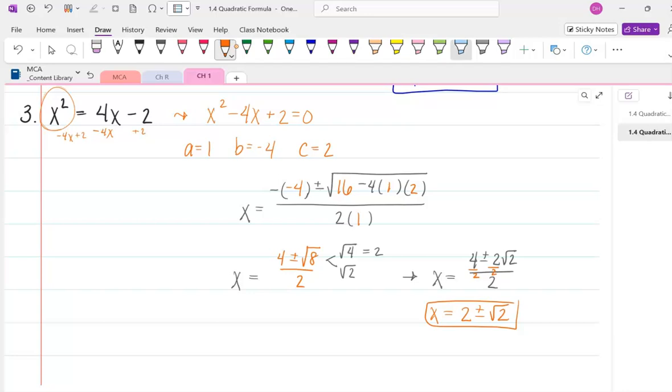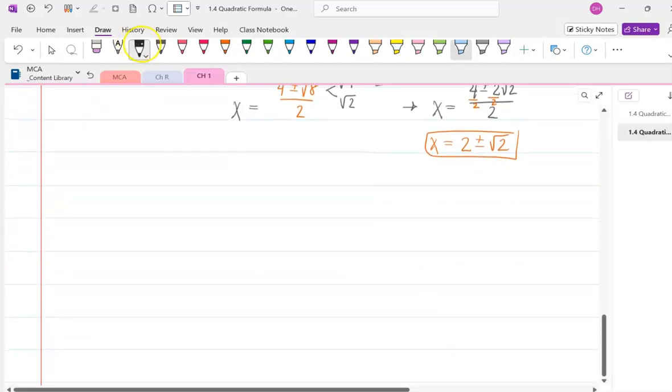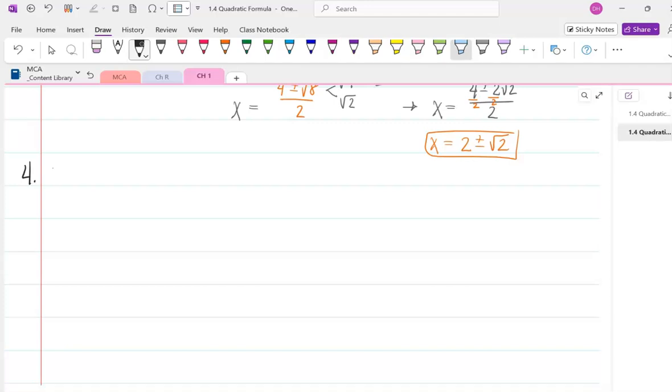The next one, number 4, is the last one that we'll go ahead and do. The last one for our notes in this section. So you've got 2x squared plus 9x plus 10 equals 0. This is one where if you were to do your x's, it'll work.